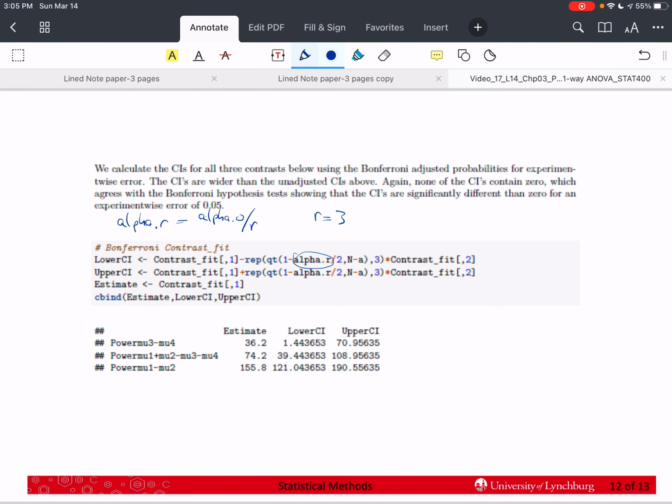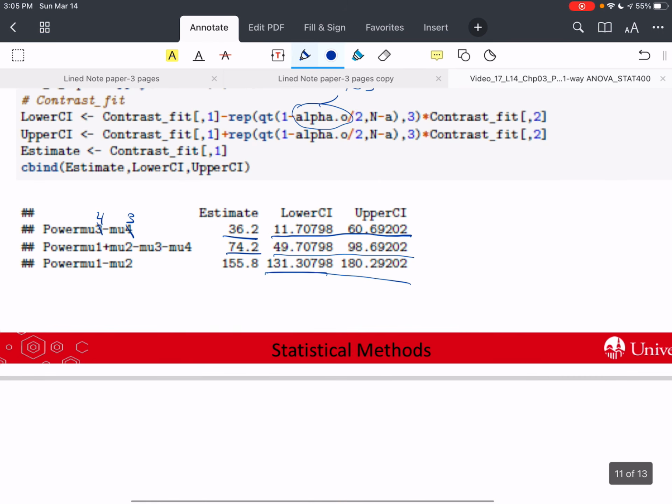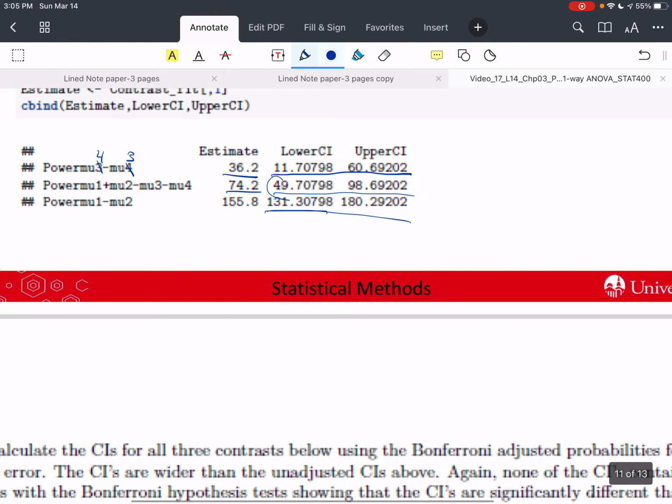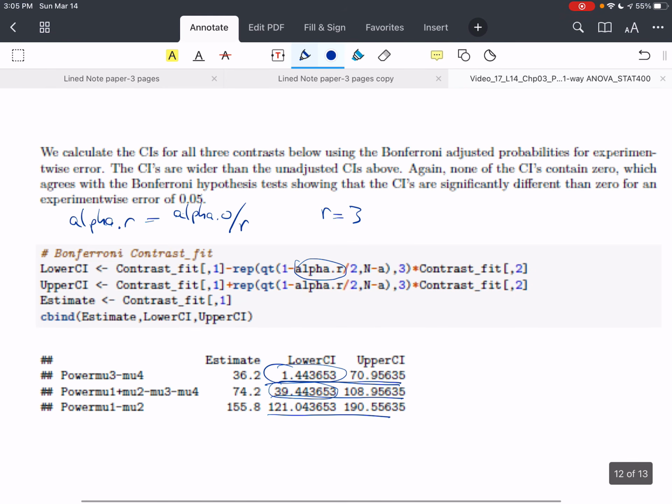And when we do this, we get the confidence interval for the difference for the first contrast, the second contrast and the third contrast. Notice that up here we had 11, and now we have 1. Here we have 39, which is much closer to 0 than 49. So these Bonferroni intervals are much larger than the unadjusted intervals.